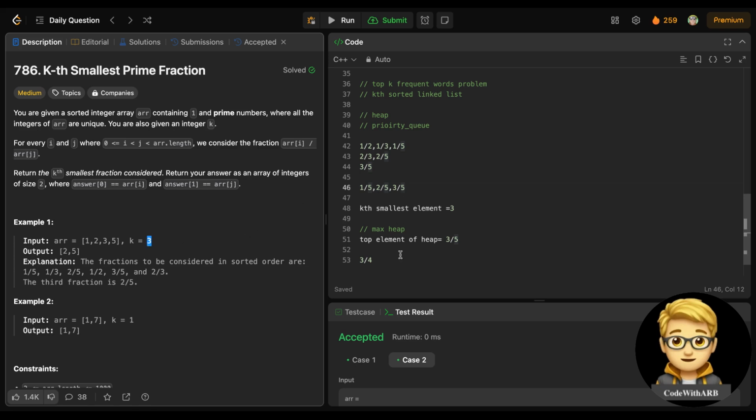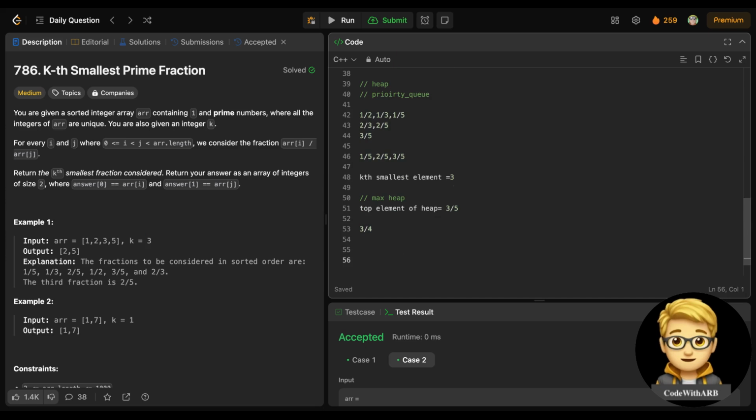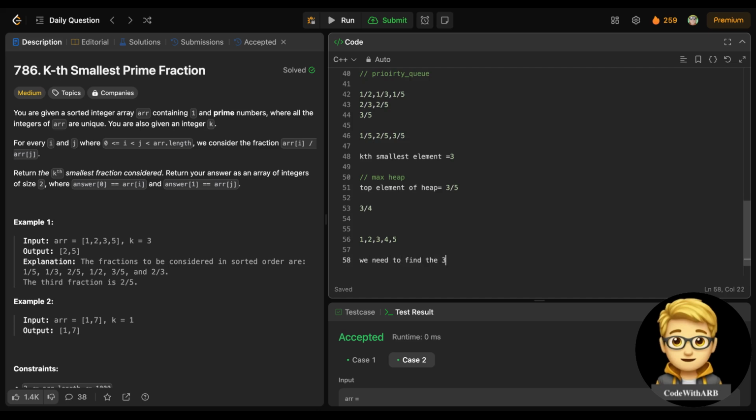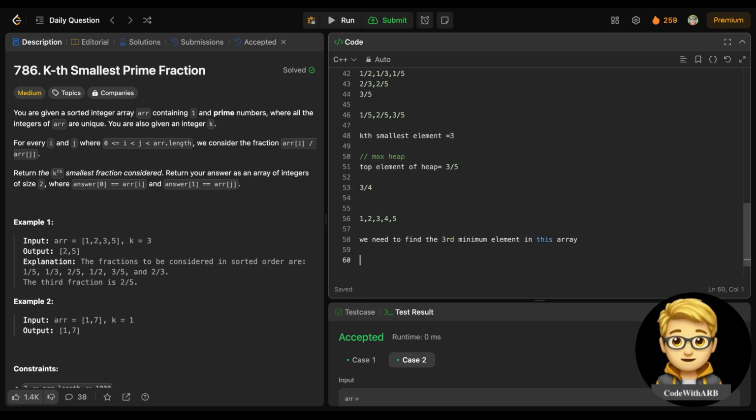Instead of these fractions, let's suppose this is given: 1 2 3 4 5, and we need to find the third minimum element in this array. How can we do this with a priority queue?